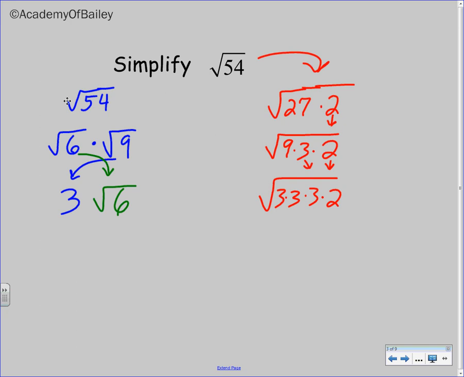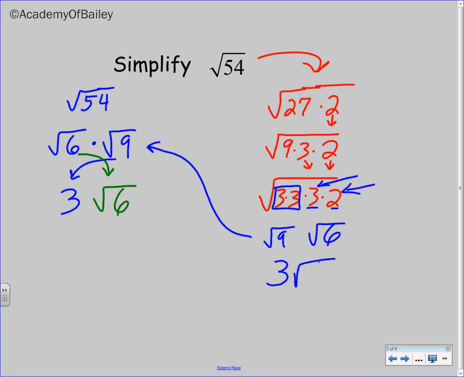Now, just like in the first one, you see 2 3's here. That's going to be square root of 9. And then there's no other pairs of numbers. This 3 does not have another 3 in there, and this 2 does not have another 2 in there. So we're looking for pairs. So 3 times 2 becomes 6. And then once again, we're back to where we were here. Square root of 9 is 3, square root of 6.